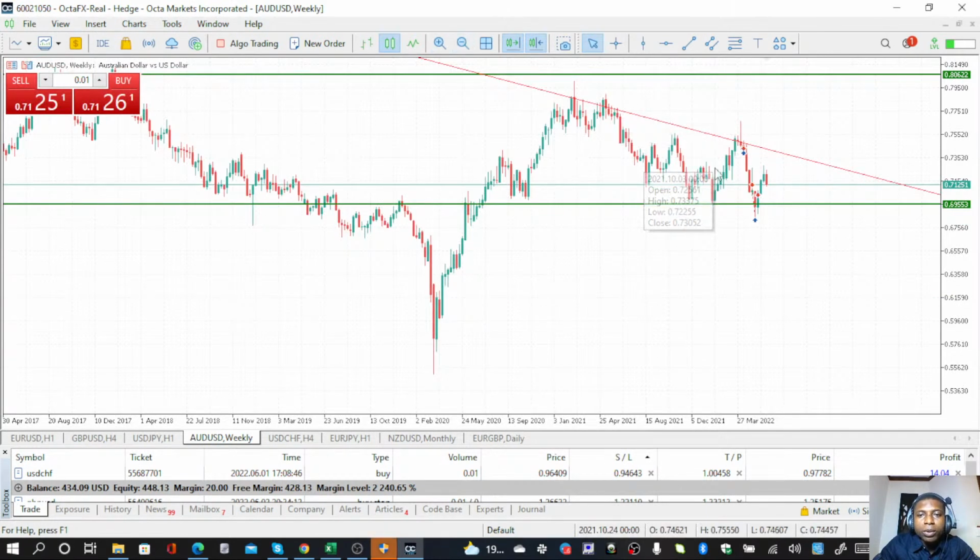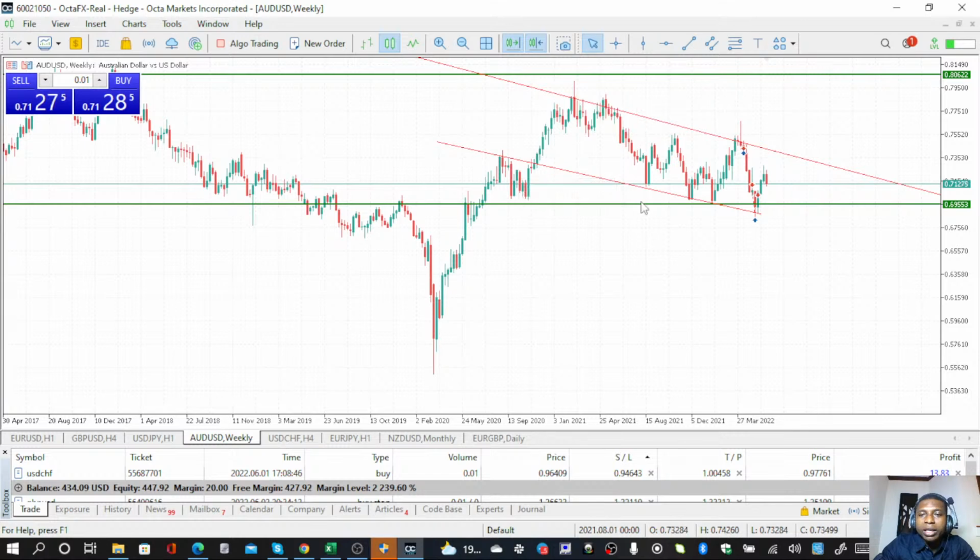On the weekly time frame, the market has been in bearish momentum. Even within the weekly time frame, you can see a downward trend.